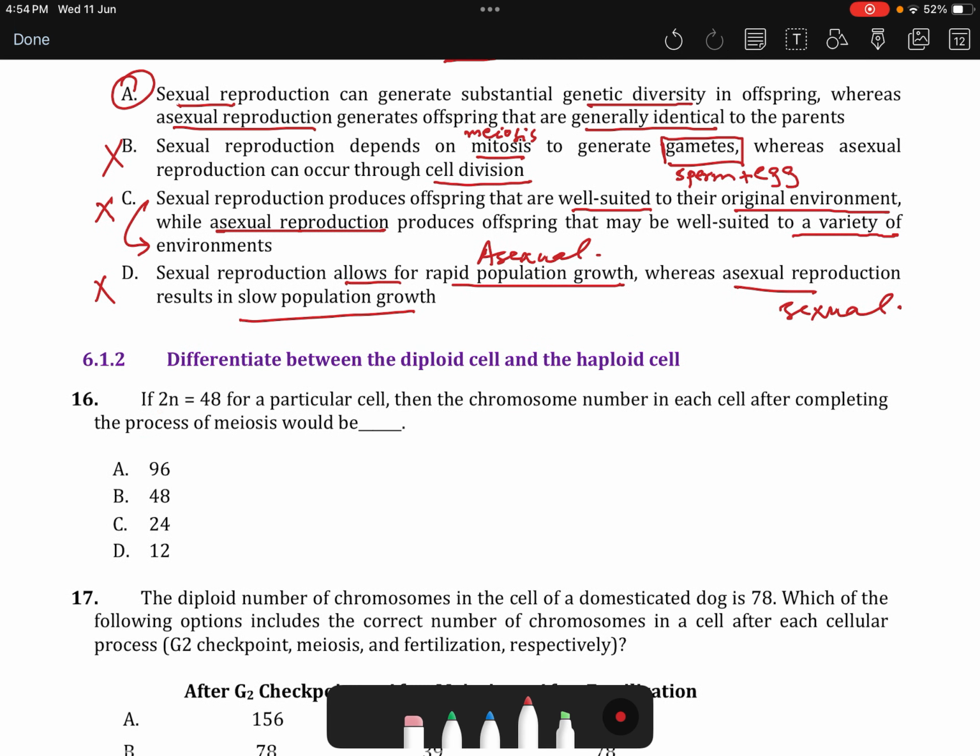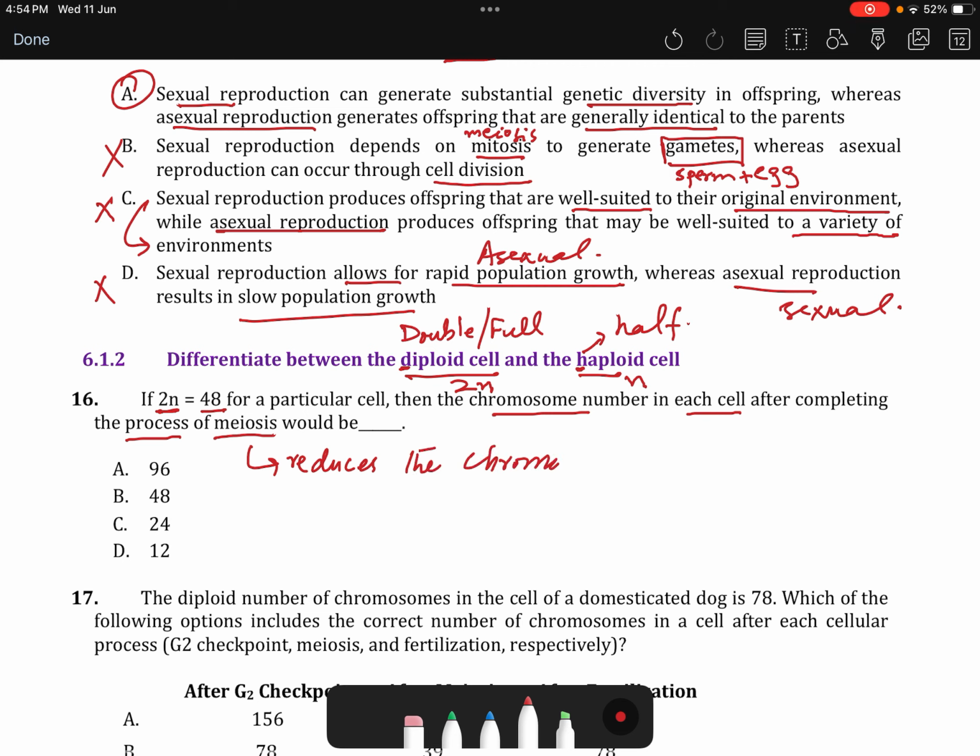We already studied that meiosis reduces the chromosome number to half, since it produces gametes. So what is half of 48? You can easily find n. So 2n is equal to 48, so n is equal to 48 divided by 2, that's 24, and this is the answer.